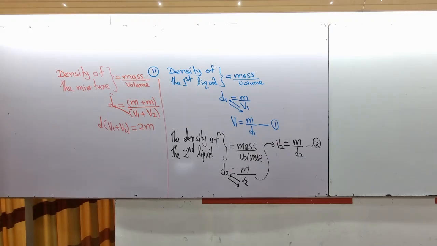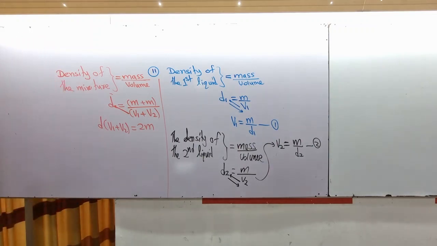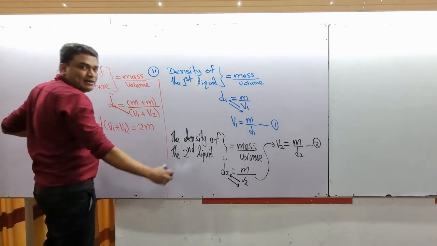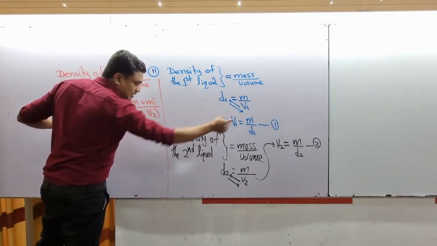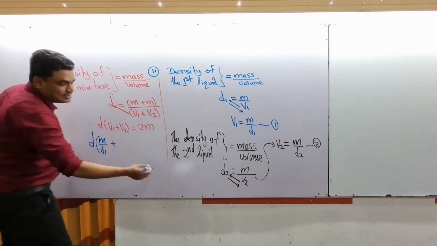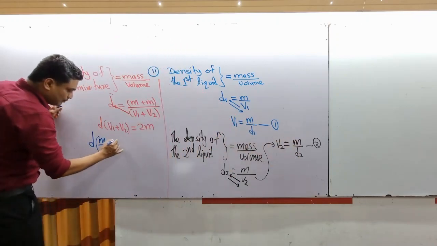Right, how to simplify this dear? Look at both. It's not such a big simplification. This is D times V1. V1 is M over D1. V2 is, just look at the second equation, M over D2.